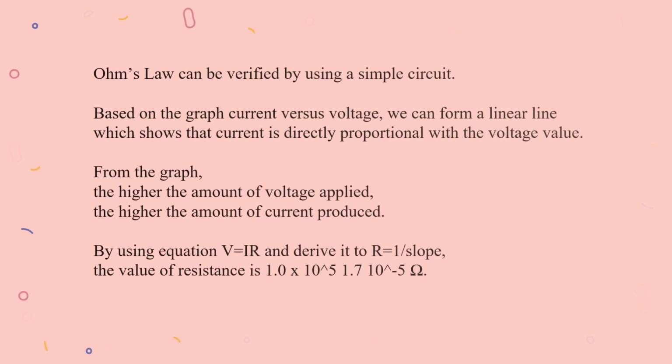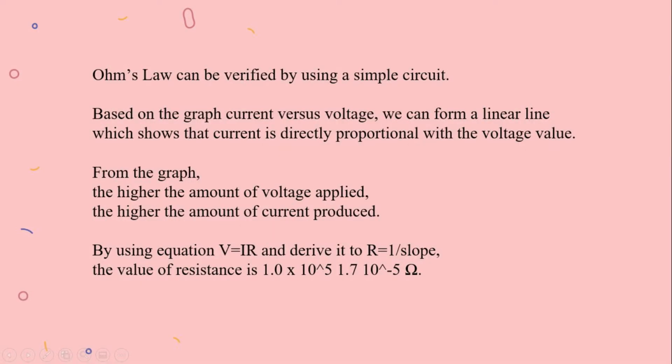Discussion. As can be observed from the data above, Ohm's law can be verified by using a simple circuit. Based on the graph of current versus voltage, we form a linear line which shows the current is directly proportional to the voltage. From the data, we can see that the higher the voltage applied, the higher the current produced.